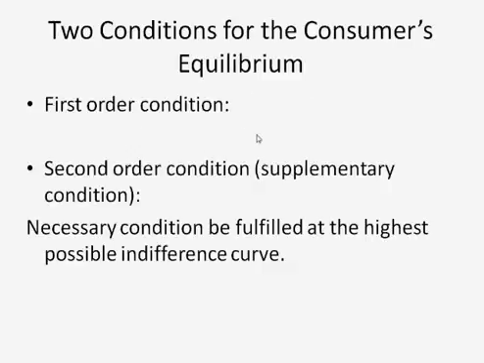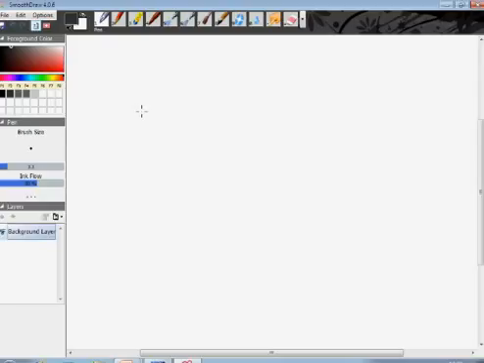First order condition: it is the same as the equilibrium condition under the cardinal utility approach. As we have already studied, under the multi-commodity model, MUx, that is marginal utility of X, divided by marginal utility of Y, equals price of X divided by price of Y.